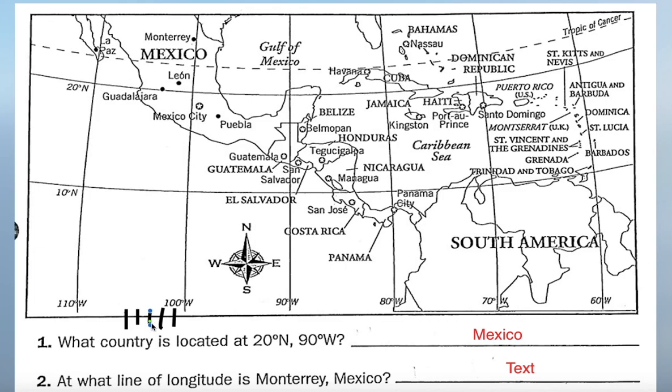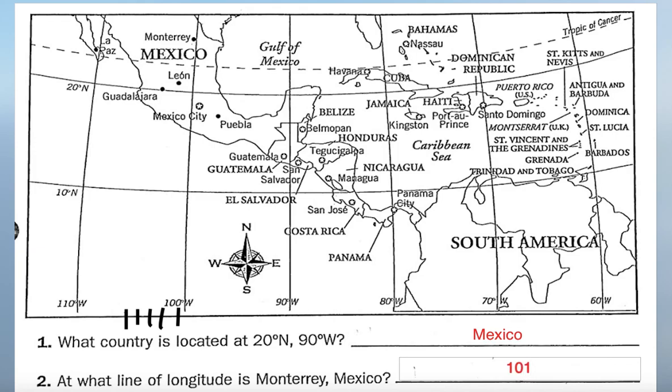If I was to divide these sections into equal 4 sections, do you think Monterrey would fall on that other line of longitude? And I'm going to be honest with you, if it was me, I would say that the line of longitude that Monterrey, Mexico is on is going to be 101.